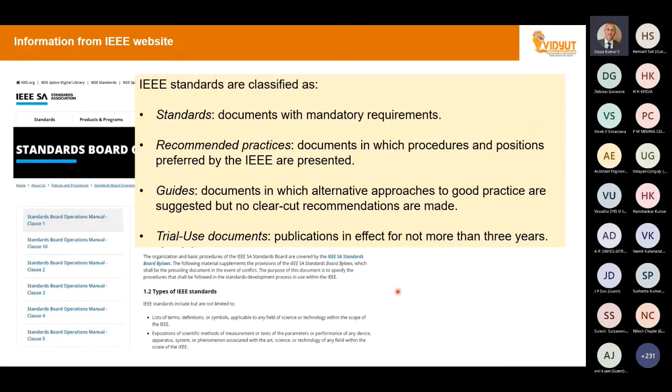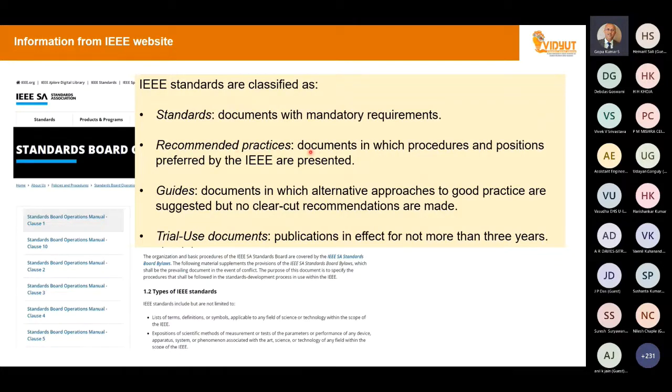Now, a small example. In the tender specification of the Chennai Metro, they have mentioned several IEEE standards. Now, I'm just showing you from the IEEE website. On the IEEE Standards Board page, they say IEEE standards are documents with mandatory requirements.